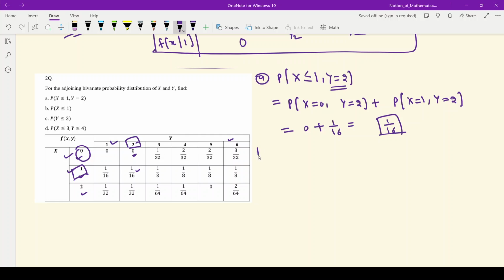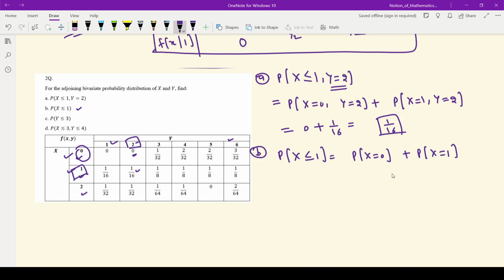Thereafter, if I go for the second part here, that is probability of x less than or equal to 1. In this part, nothing is mentioned about y. So probability x less than or equal to 1 means probability at x equal to 0 plus probability at x equal to 1.